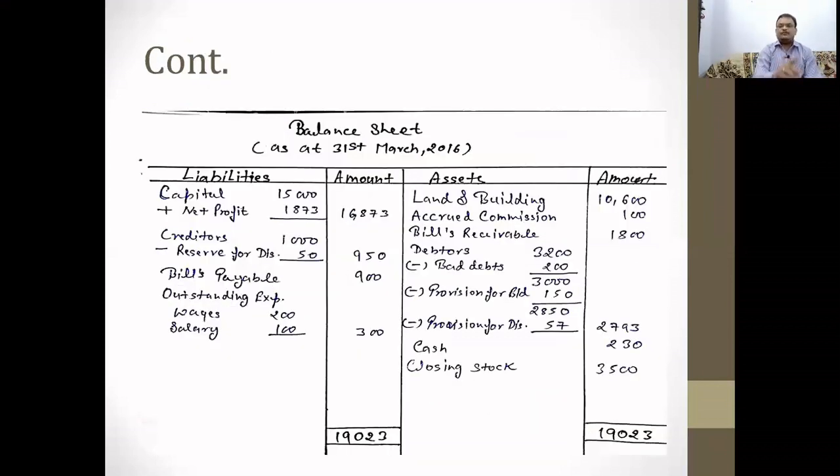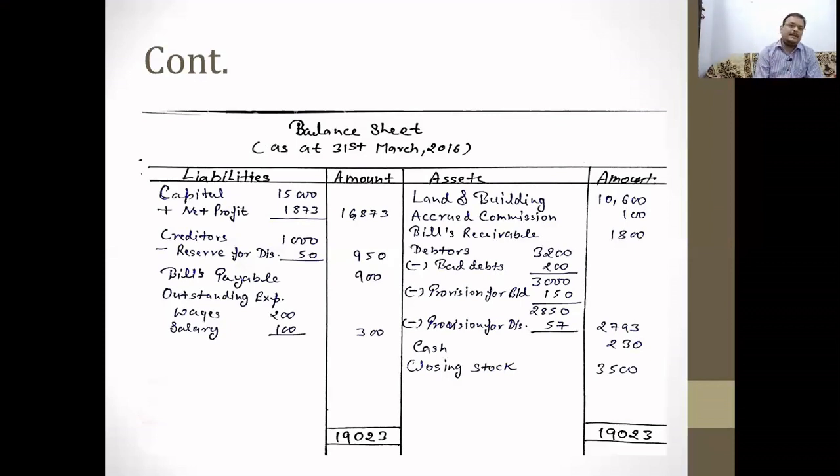Now see the balance sheet. First of all, we have to show capital. The capital is 15,000 rupees. Net profit that we found at profit and loss account is 1873. We have to add this capital plus net profit. If there is a drawing given in your question, you have to minus that drawing after adding net profit and capital.